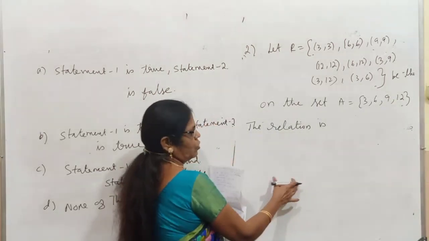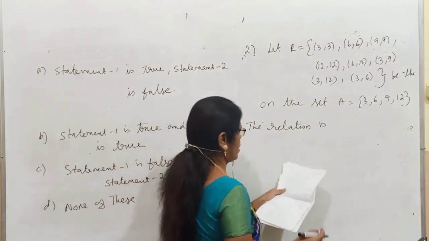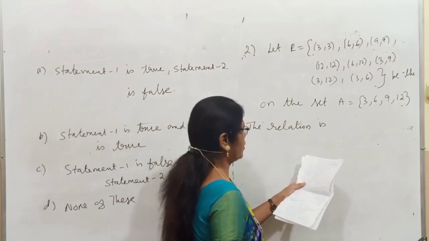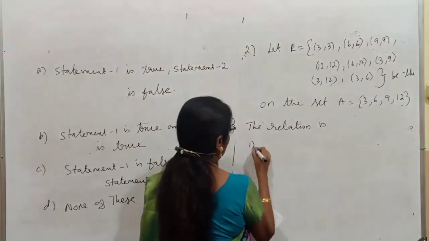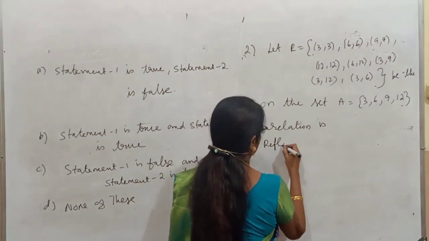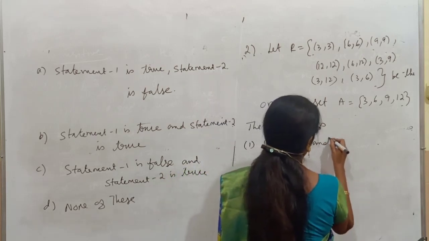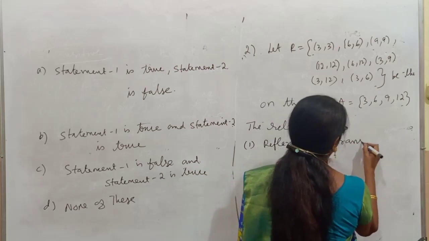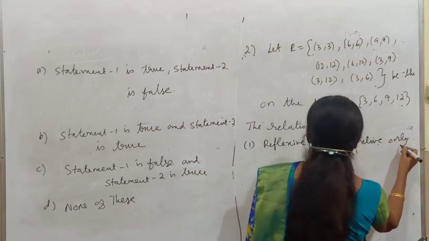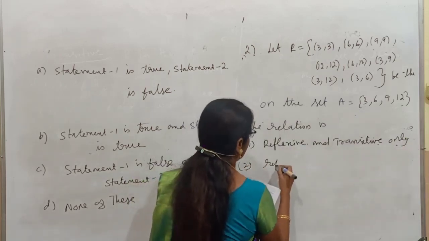I am leaving this for a long time because some students may be copying slowly. Right, now let me complete this. The relation is: first, reflexive and transitive only. Second, reflexive only.